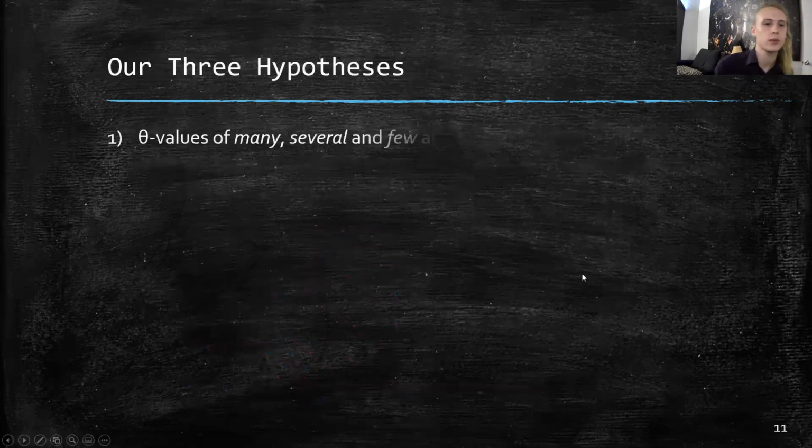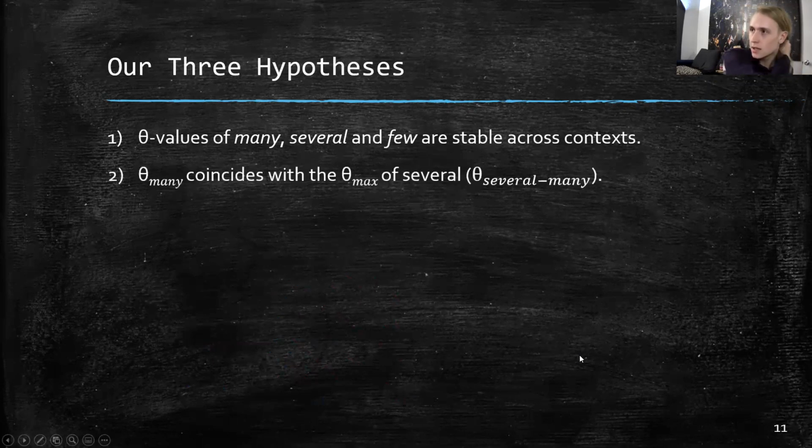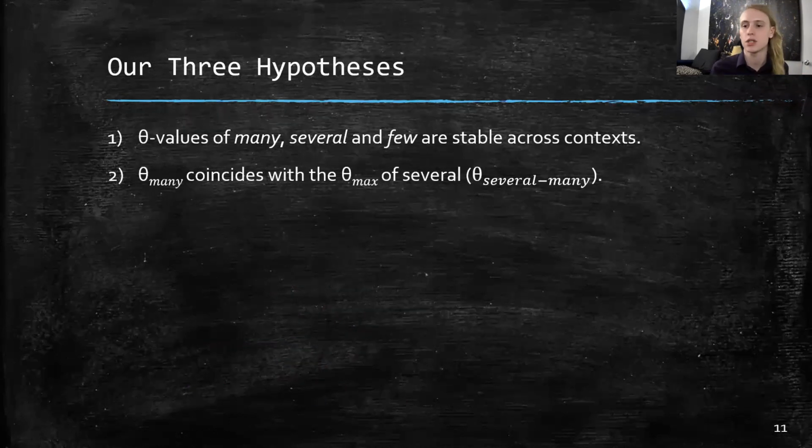All right, so we're working with three hypotheses. The first is identical to Schöller and Franke's paper, that the theta values of many, several, and few are stable across all contexts. Additionally, because the meaning of several is positioned in opposition to many, we're hypothesizing that the lower bound of many is going to actually coincide with the upper bound of several.